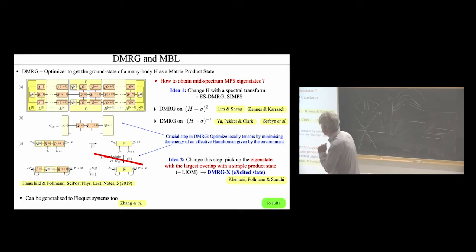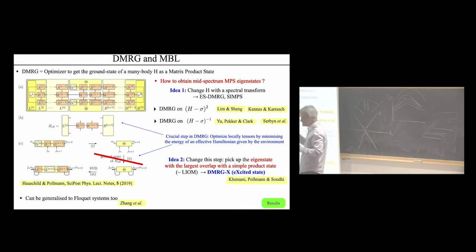The big idea in this work is that instead of minimizing the energy at every local matrix, we take the eigenstate of that small matrix which has the largest overlap with a single product state. It means that we follow the large disorder, the LIOMs, the local integrals of motion. And that's a really clever idea.